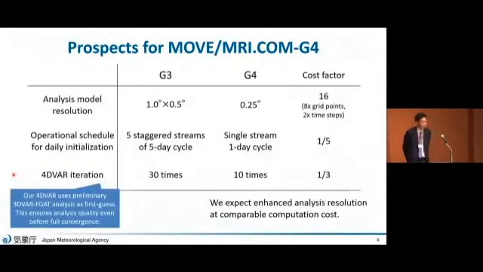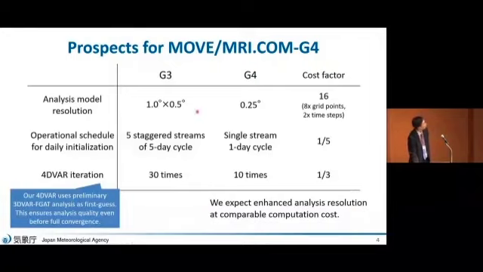So here is our prospect for the next system, Move MRICOM G4. First of all, we want to increase the analysis model resolution from 1 degree times 0.5 degrees to a quarter of degree, which increases the computation by a factor of 16. So instead, we may change the operational schedule.